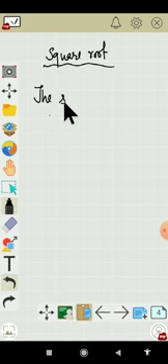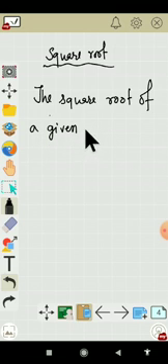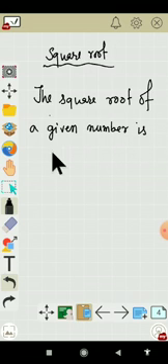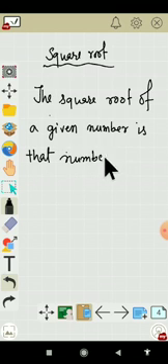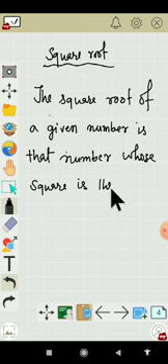The square root of a given number is that number whose square is the given number.